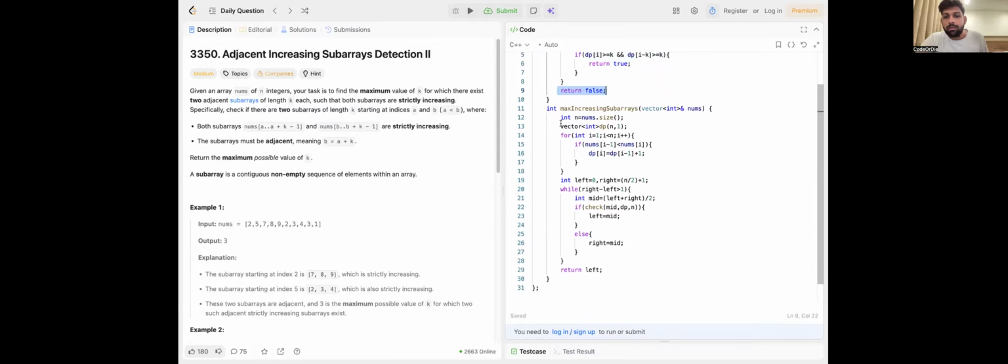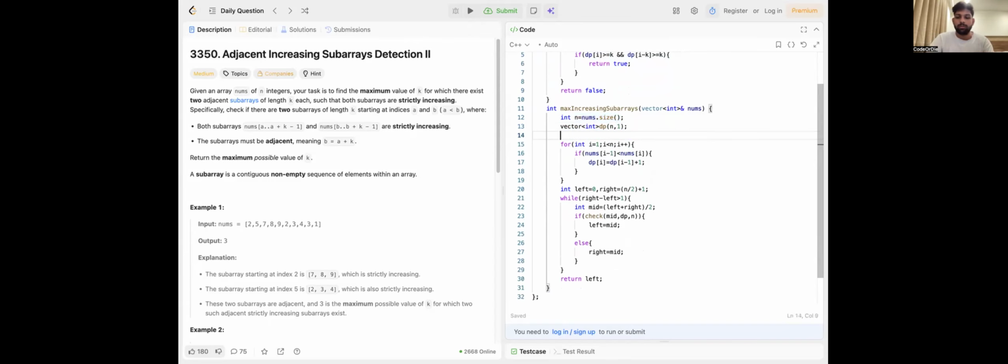Now you just create a dp vector, initialize it with n, and this is the calculation of dp, the transition state. This is my base case: first we consider the length of every subarray, so dp of I is equal to 1 for each I. Why?